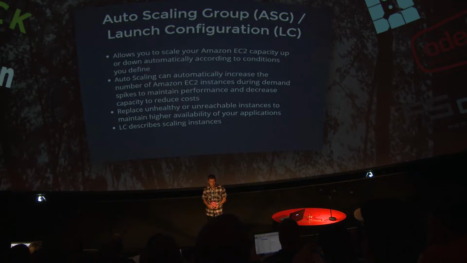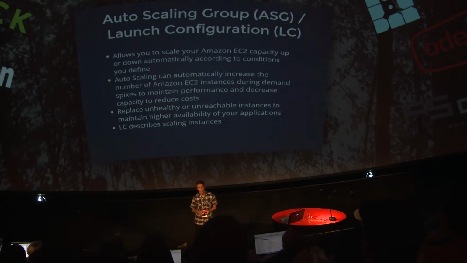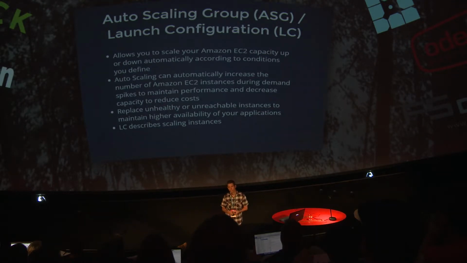The next component that we'll be using is auto-scaling, and in that context we'll be using auto-scaling group and launch configuration. Auto-scaling allows you to automatically increase the number of your backend instances in case you have traffic spikes, and in case of ours, these instances will be automatically terminated.